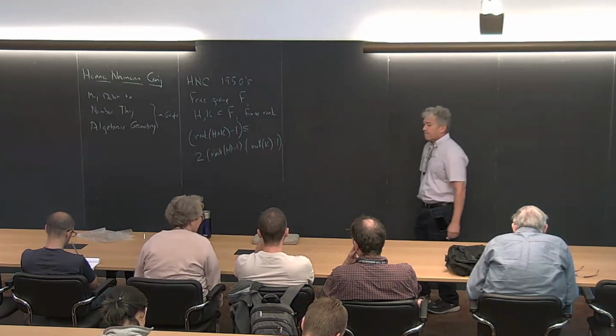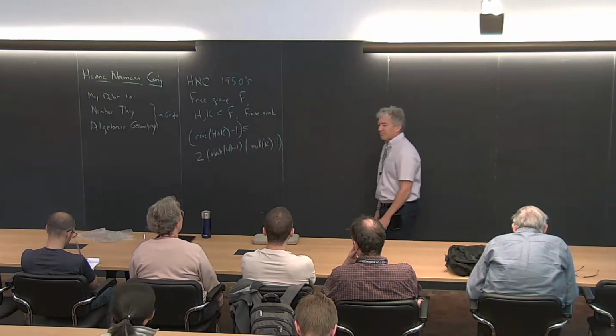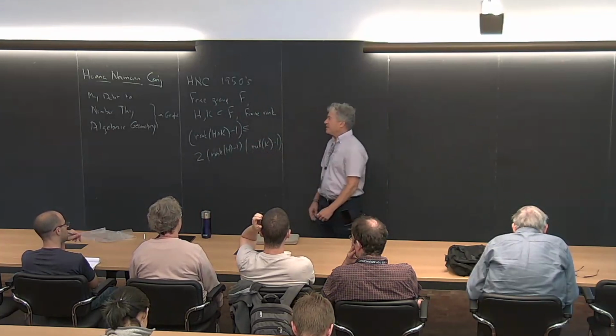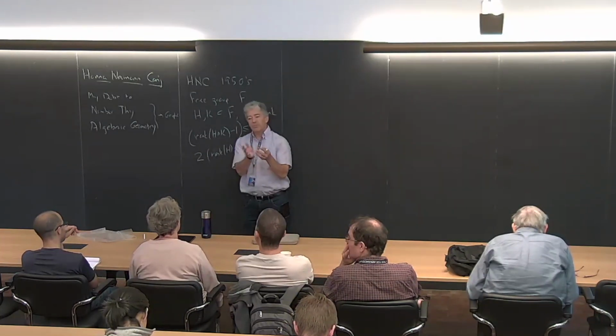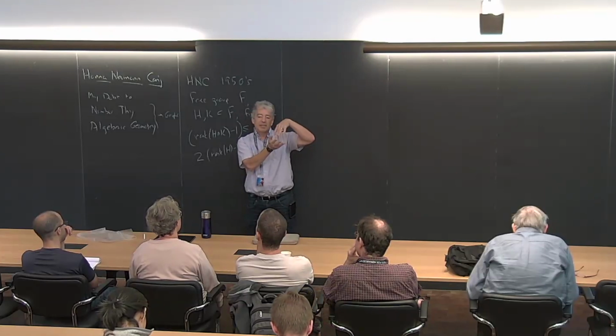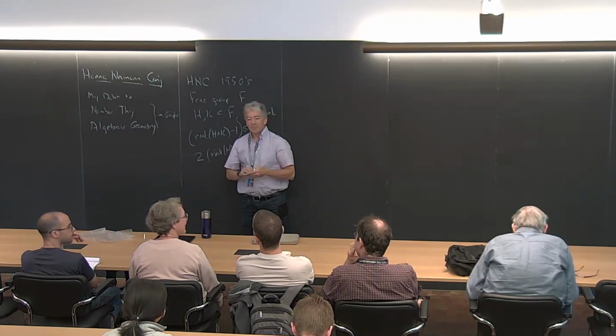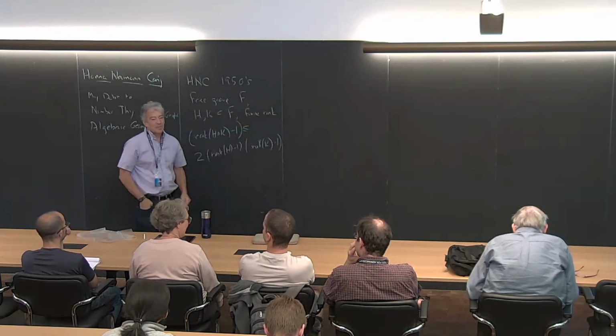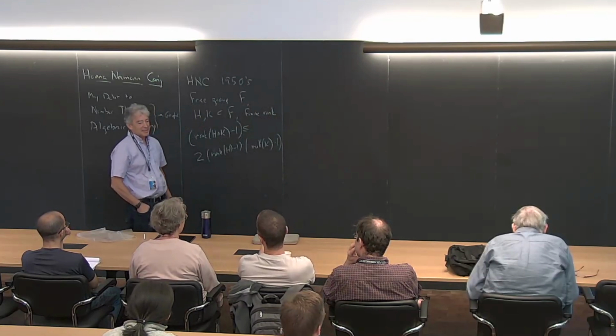Can you remind us the exact definition of rank? I can't, but Doron probably could. The rank of a free group is the size of the minimal set of generators, which is also the basis.